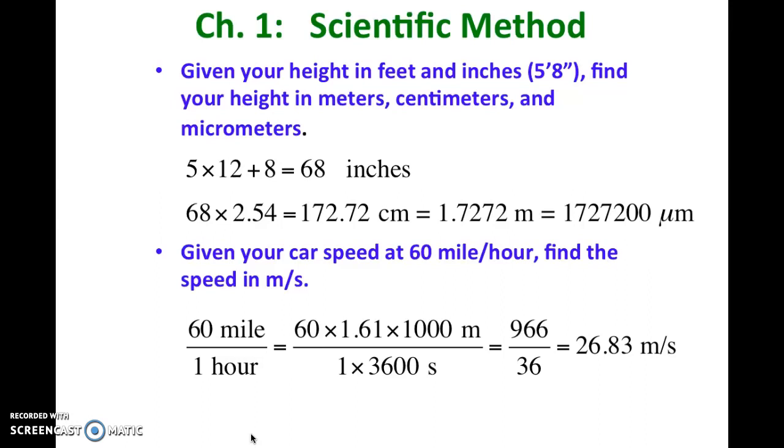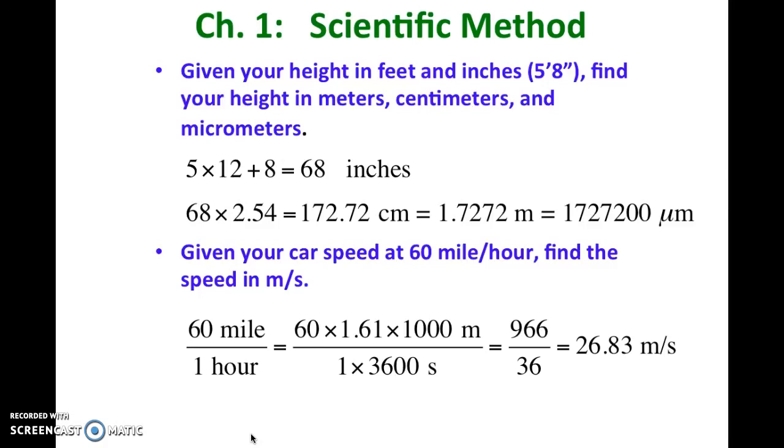The second example is to convert a height of 5 feet 8 inches into how many meters, how many centimeters, and how many micrometers. First, multiplying 12 by 5, then plus 8, we have 68 inches for the height. Then multiplying 68 inches by the factor 2.54, we have the height as 172.72 centimeters.